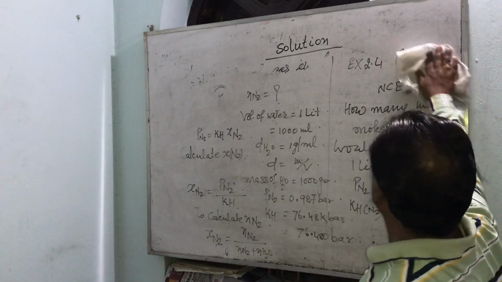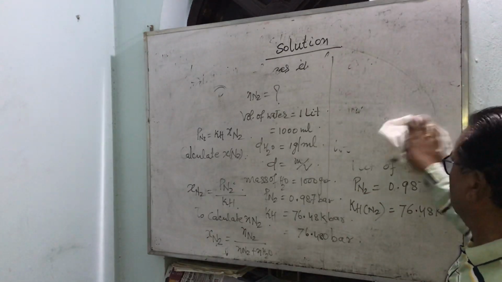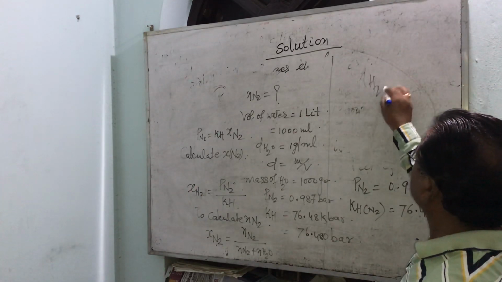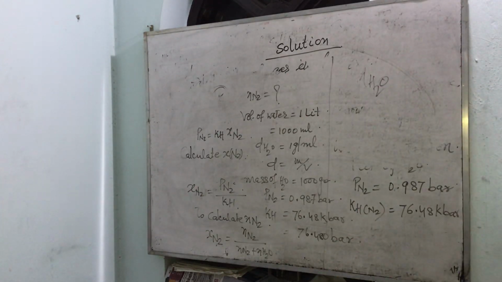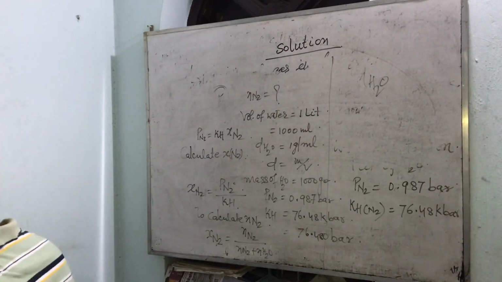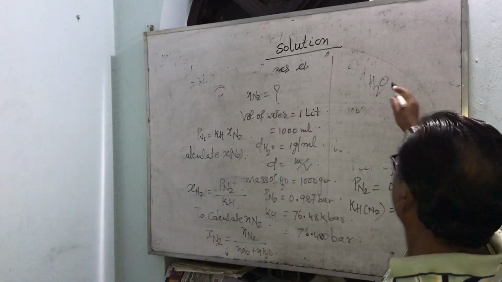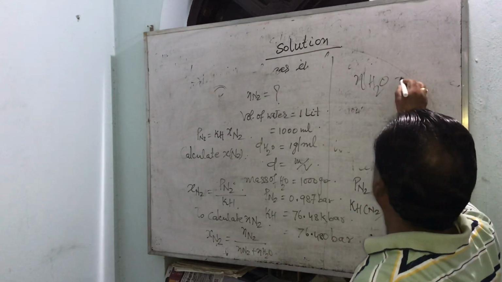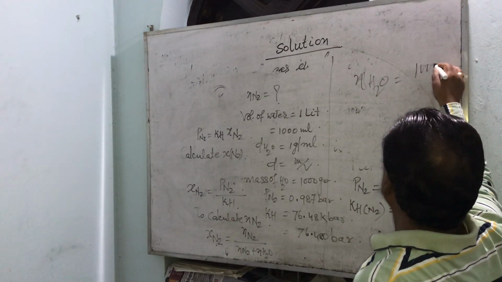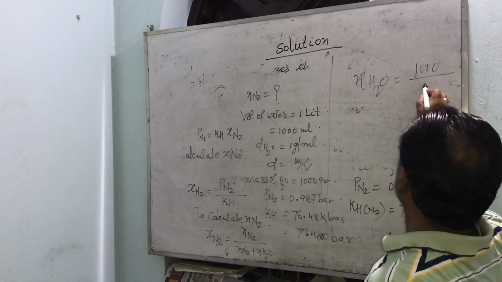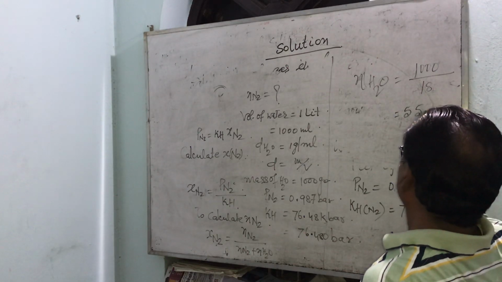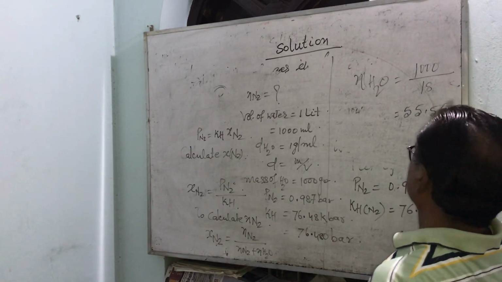How do we calculate the number of moles of water? NH2O is equal to the weight of water, 1000 gram, divided by 18, which is 55.55 moles.